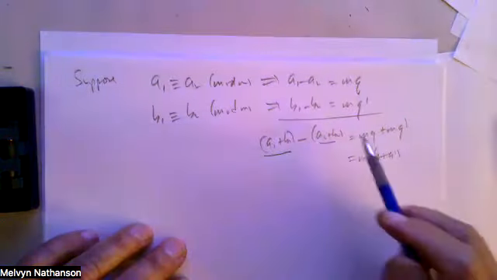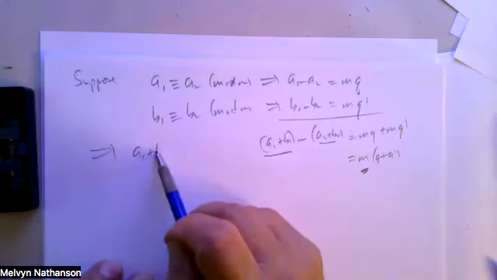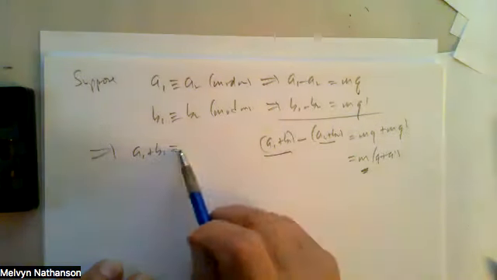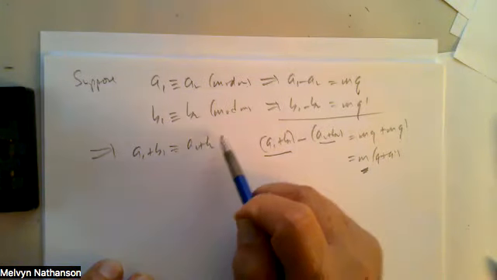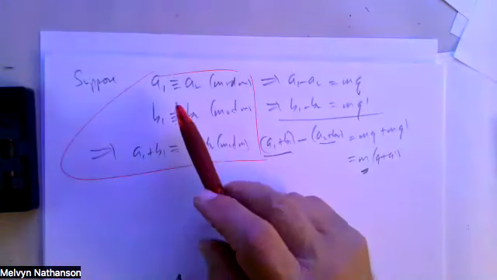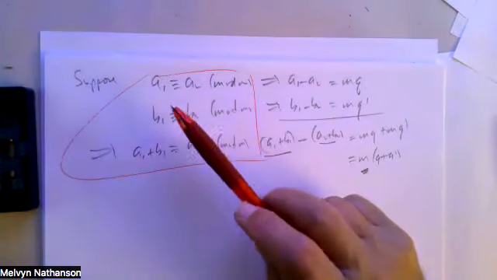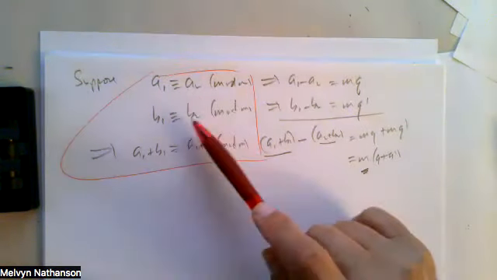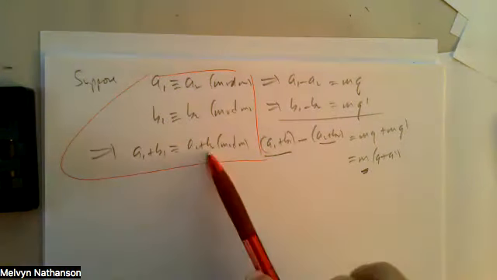So this number minus this number is divisible by m. So A1 plus B1 is congruent to A2 plus B2 mod m. If A1 is congruent to A2 and B1 is congruent to B2, the modulus doesn't change, that's fixed, then we can add the congruences. And this is what we get.